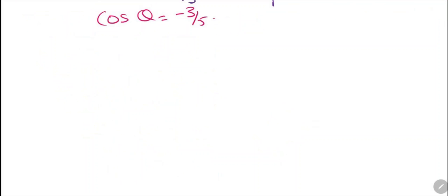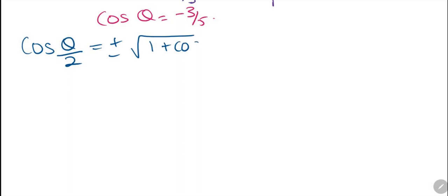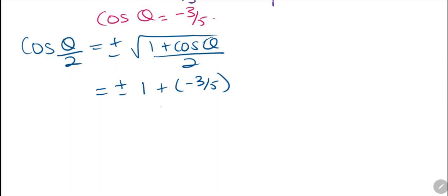So now we've worked out the cosine, we can find the half angle for cosine. So the formula is the square root of 1 plus cosine theta divided by 2. And we're going to substitute in the values. So that's going to be 1 plus minus 3/5 divided by 2.